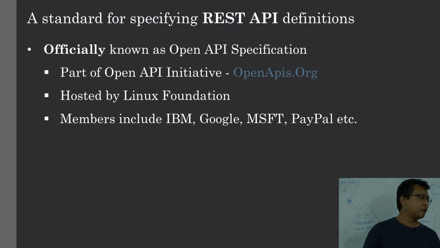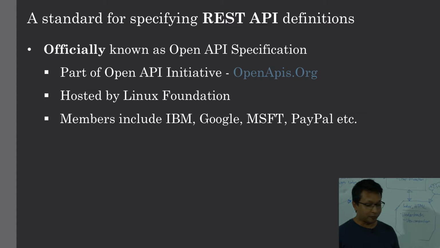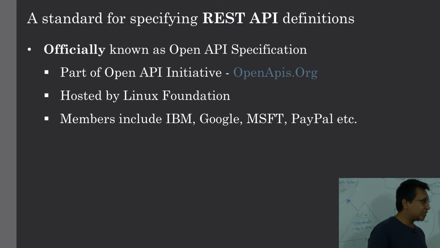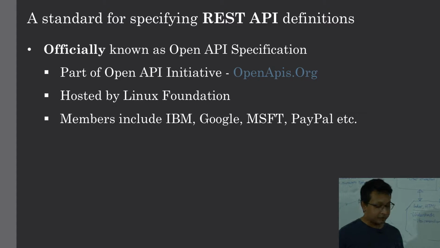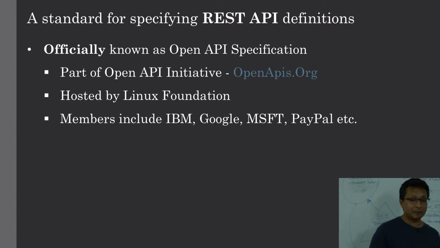I think the people who developed Swagger realized at some point that if this wants to be taken seriously and needs to grow up, it probably needs to be called something else. So the official name for Swagger is actually Open API Specification. It's an initiative under the Linux Foundation, and it's chaired by some of the big names in the industry like IBM, Google, Microsoft, PayPal, and a bunch of other guys.